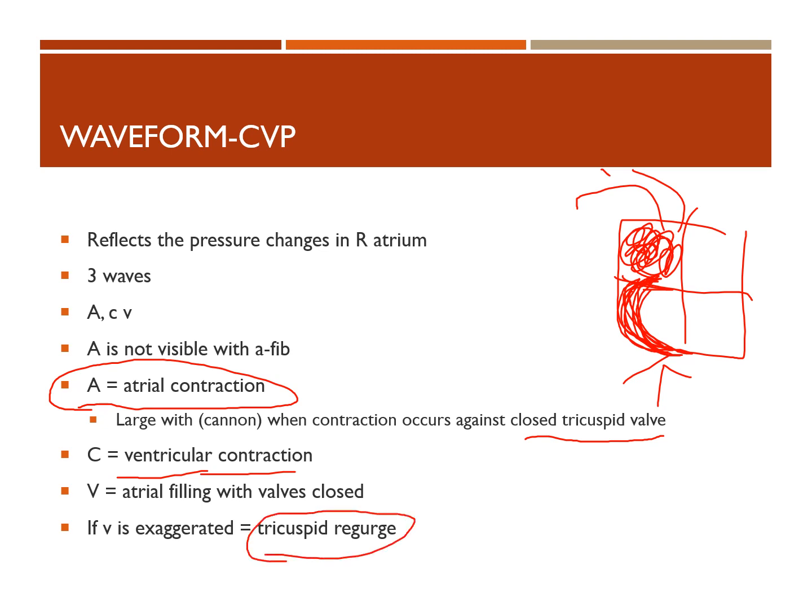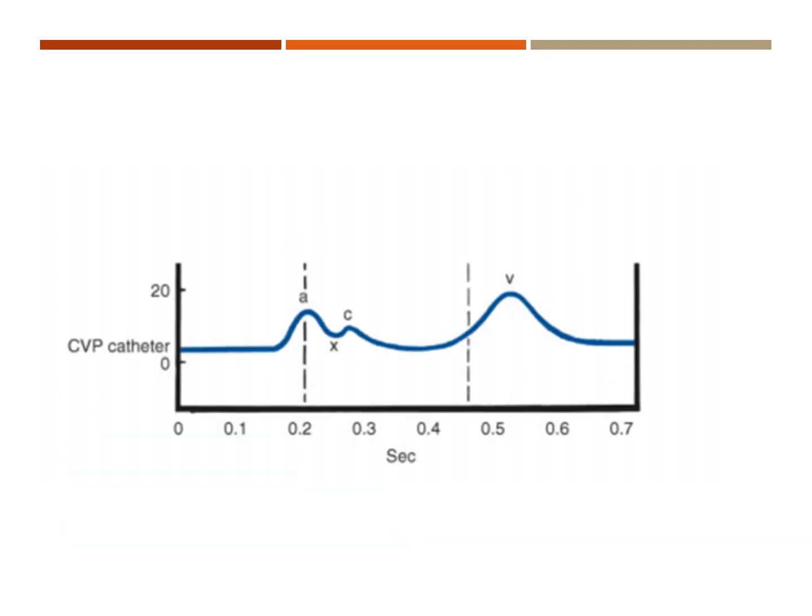That means that the tricuspid valve that's in between the atria and the ventricle is open, and therefore we're seeing back pressure, because remember that right ventricle has more pressure than the right atrium, so we're seeing blood backing up into the atria, and that's what's showing the tricuspid regurg, right? Just like gastric reflux, there's stuff coming up the bad direction there, and that's what's causing that V wave to be exaggerated. So this is the waveform that you're typically looking at.